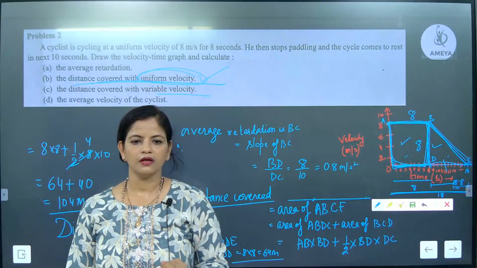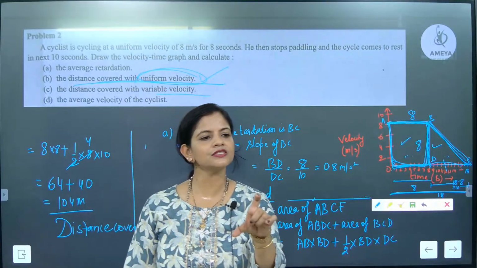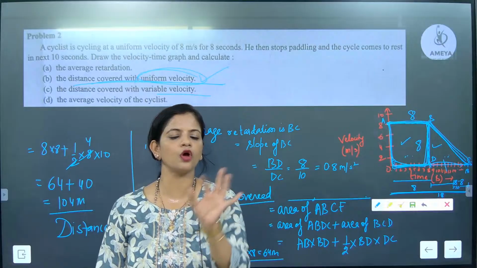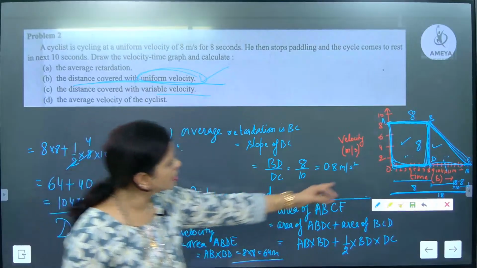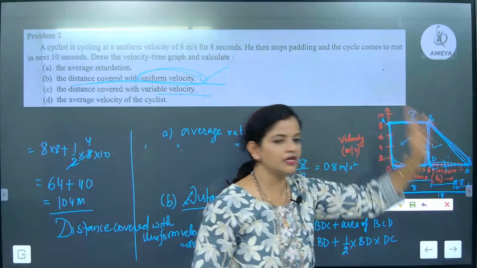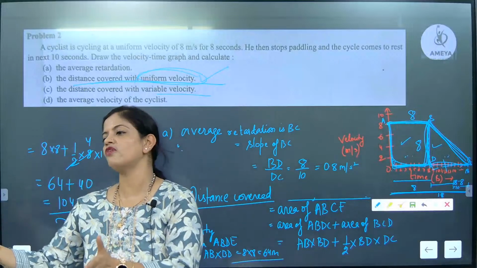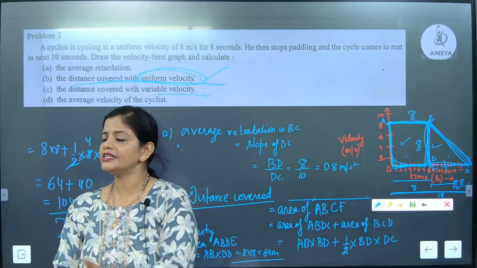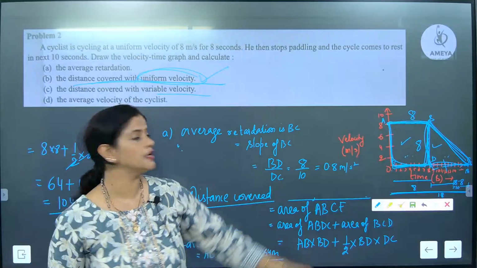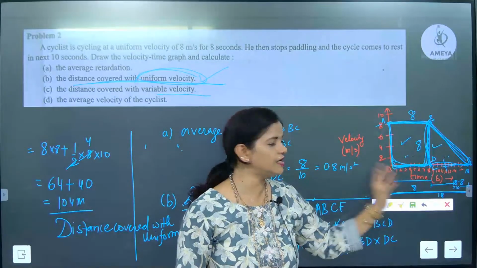That is non-uniform. So the distance covered with non-uniform velocity is BDE, and the distance covered with uniform velocity is ABDE.